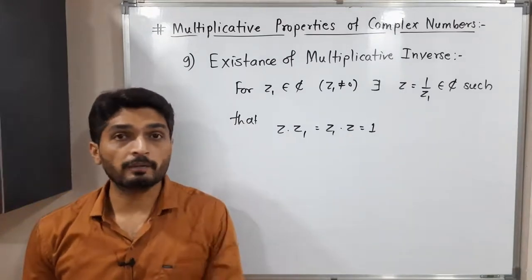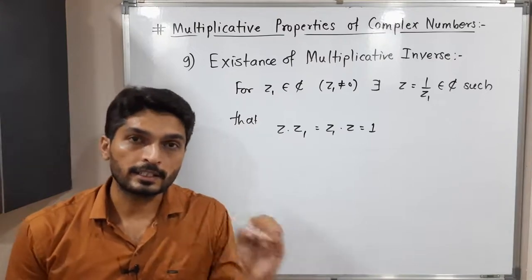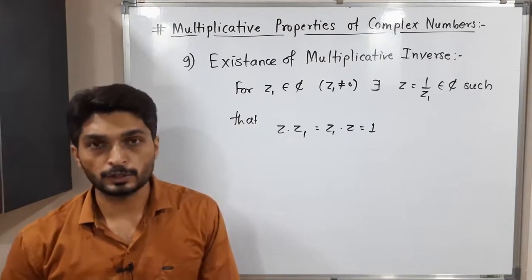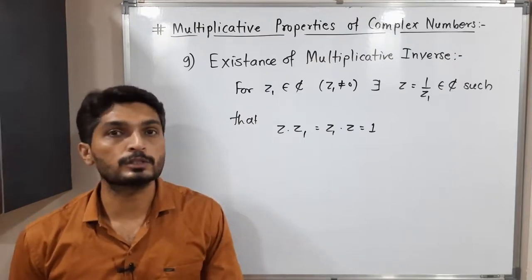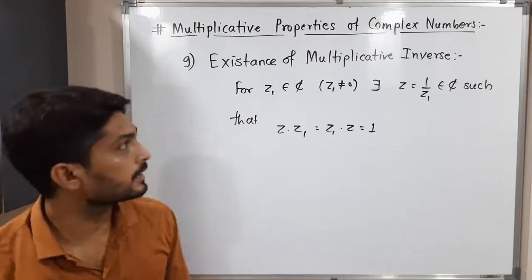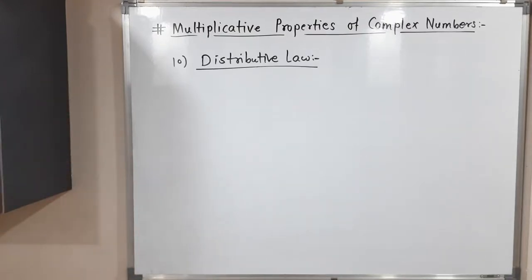That means if you have any non-zero complex number, definitely we can find its inverse with respect to multiplication. Getting? So therefore, multiplicative inverse exists for every non-zero complex number. So this is our 9th property. Make a screenshot of it, then we will go further.